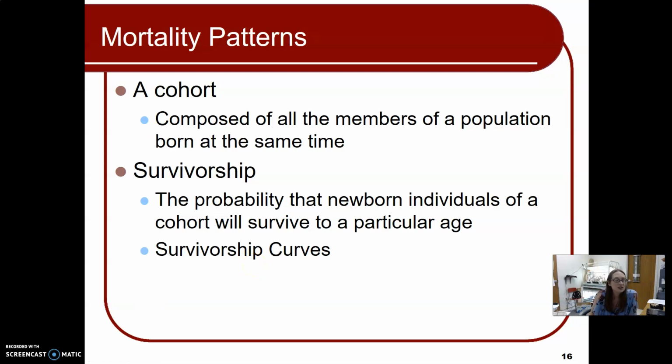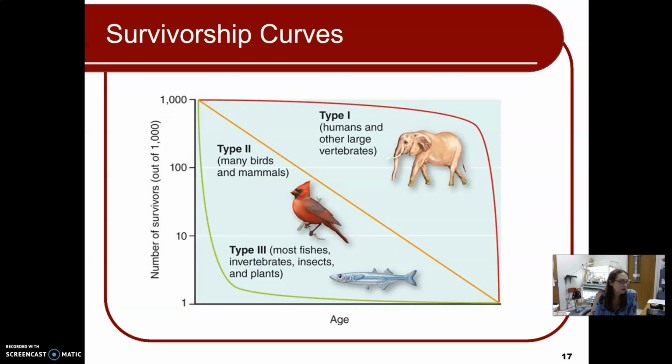So there are 3 different types of survivorship curves. Here we have age, so increasing, so 0 when you're born, all the way to whatever age. Number of survivors. Okay, so we all kind of start out here. We're all born, so 1,000 babies are born. And then a bunch of them die.